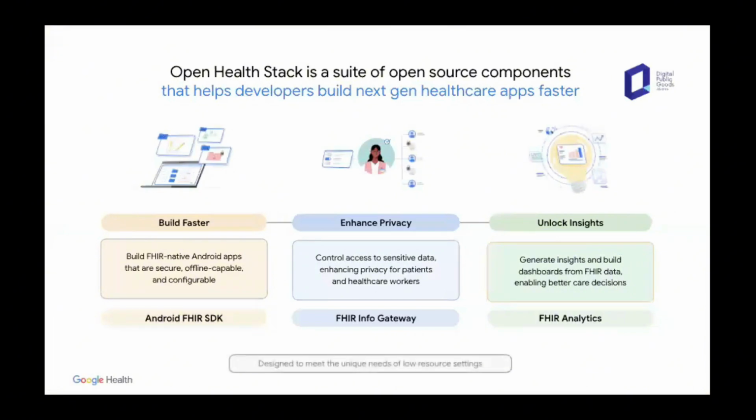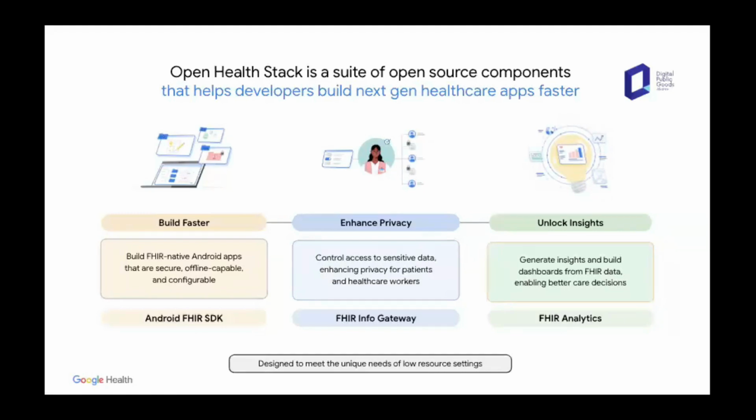And so in March of last year, so just I suppose 18 months or so ago, we launched Open Health Stack. These are digital public goods. So these are all open source components that are designed to help developers to build these next generation healthcare apps faster.